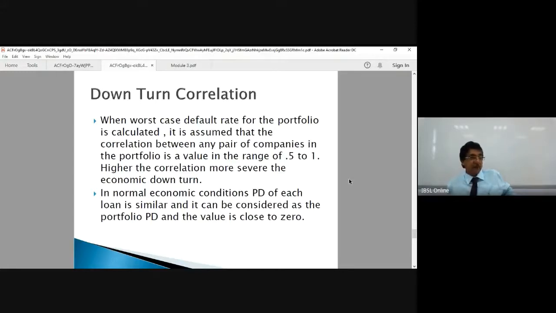One reason is that more or less all the loans in the portfolio have the same risk grading. If they have the same risk grading, theoretically, they need to have the same PD. But in normal economic conditions, this PD is a very low value, very close to 0. But what happens in a downturn? The value will go up drastically.